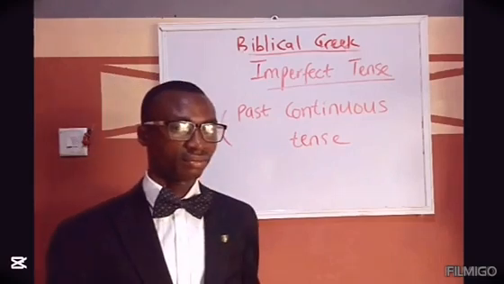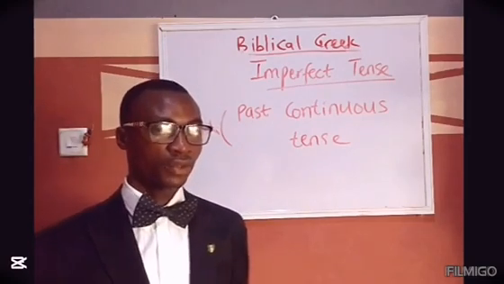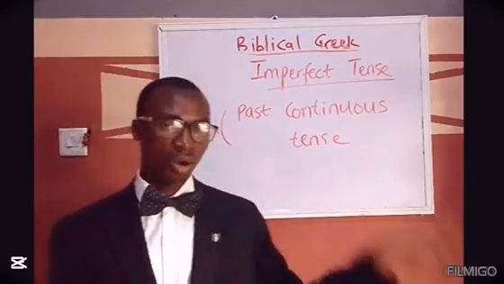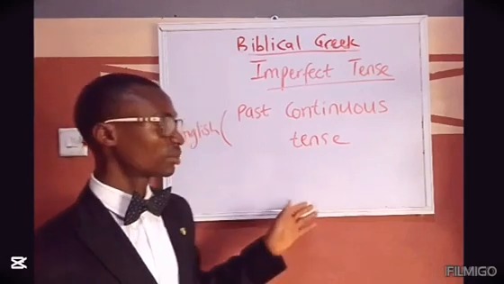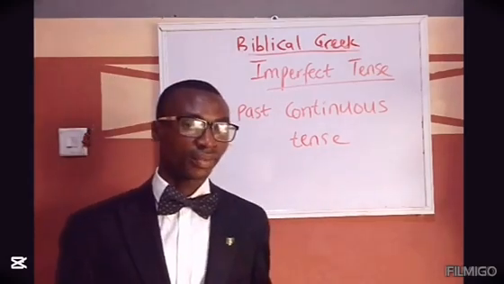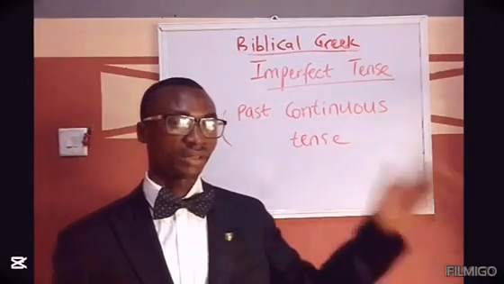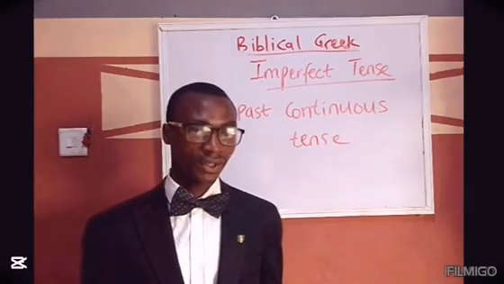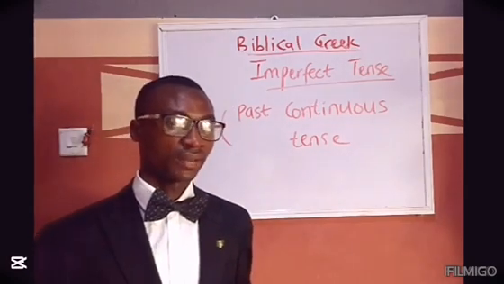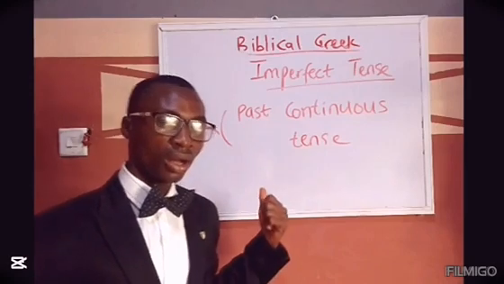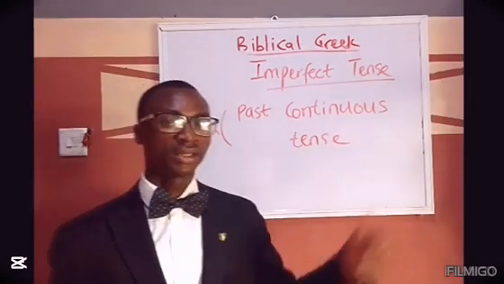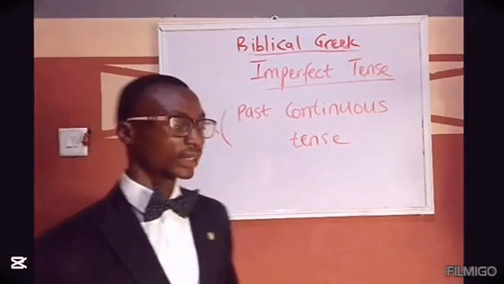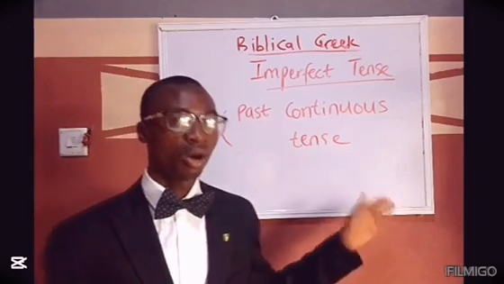As said, for first person singular and plural, that's on, omen. For second person singular and plural, that's s, then ete. For third person singular and plural, that's en, and then on.